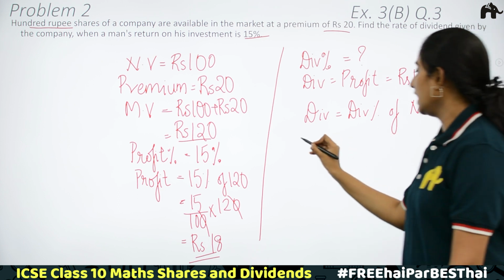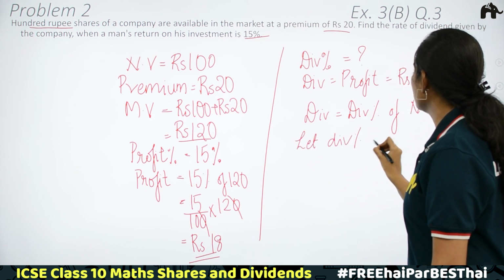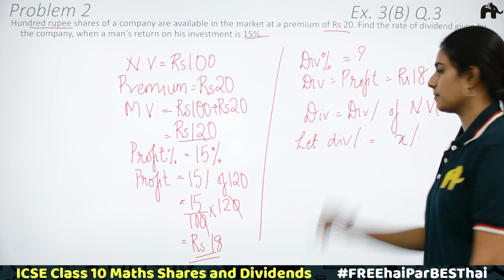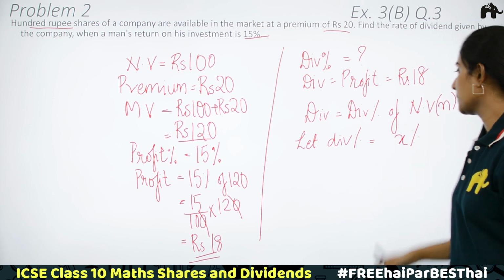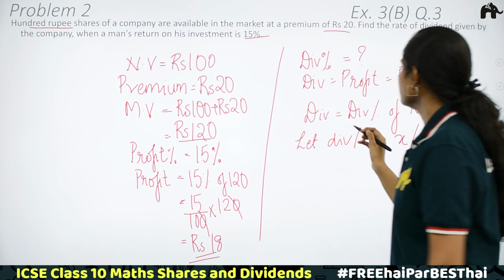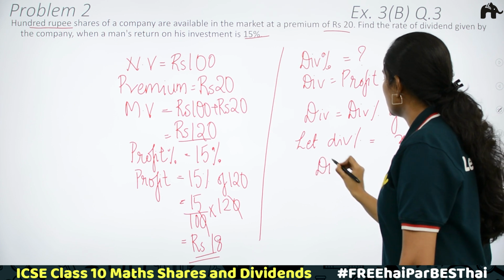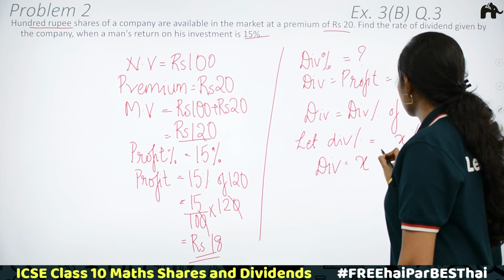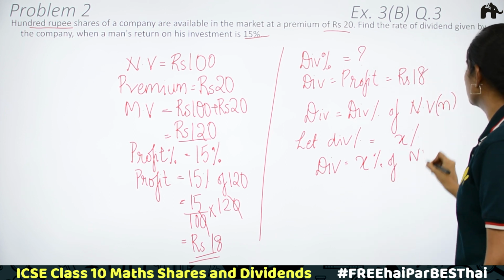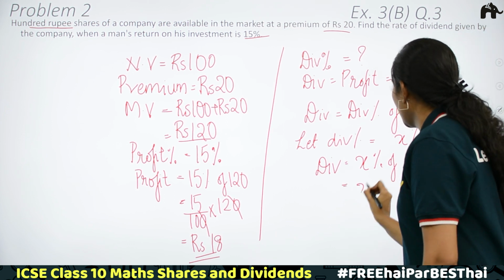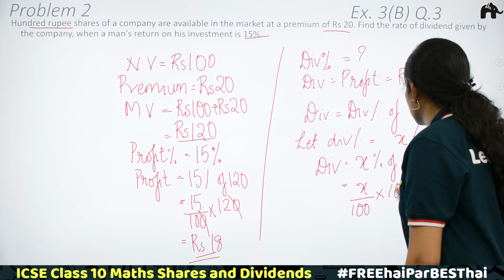Okay, let's take dividend percentage as some x percentage. Then we'll be having dividend is equal to x percentage of nominal value, x divided by 100 into 100 is the dividend.